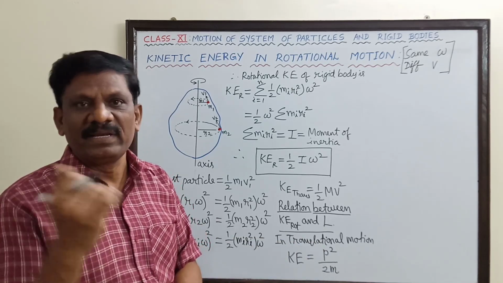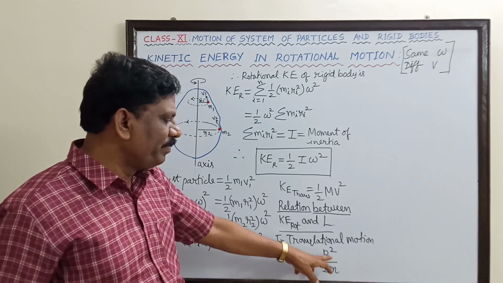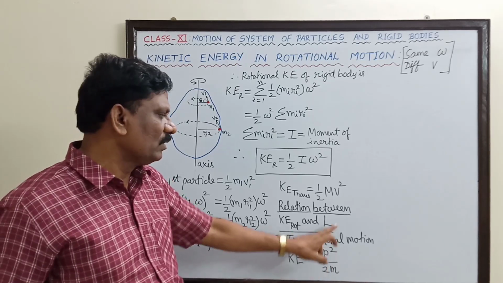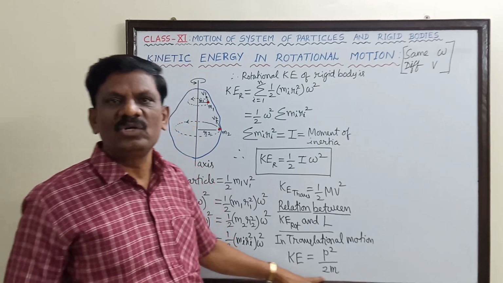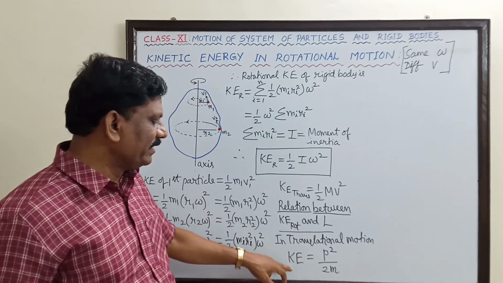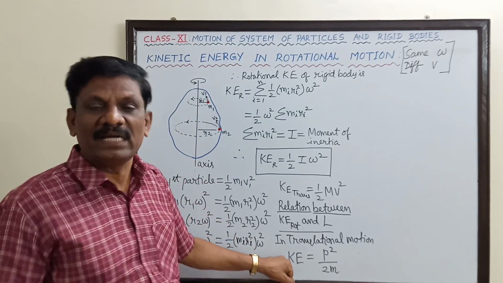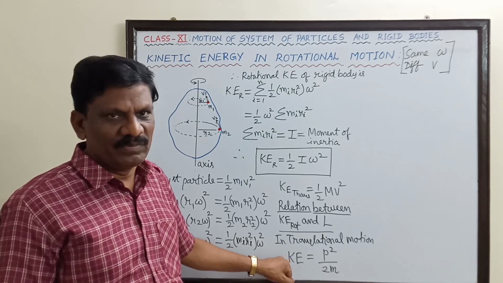So in the same line you think, in place of P square we have to write L square, and in place of 2m we have to write 2I. Then the left hand side will become rotational kinetic energy. That expression we have to derive now.